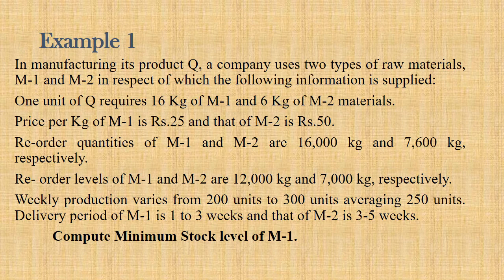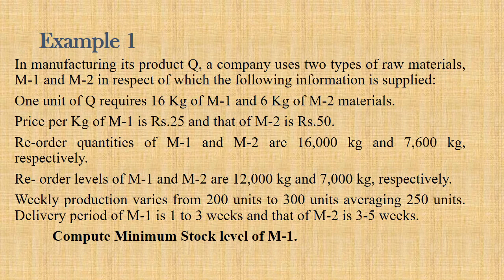Reorder levels of M1 and M2 are 12,000 kg and 7,000 kg respectively. Weekly production varies from 200 units to 300 units, averaging 250 units. Delivery period of M1 is 1 to 3 weeks, that of M2 is 3 to 5 weeks. Compute minimum stock level of M1.